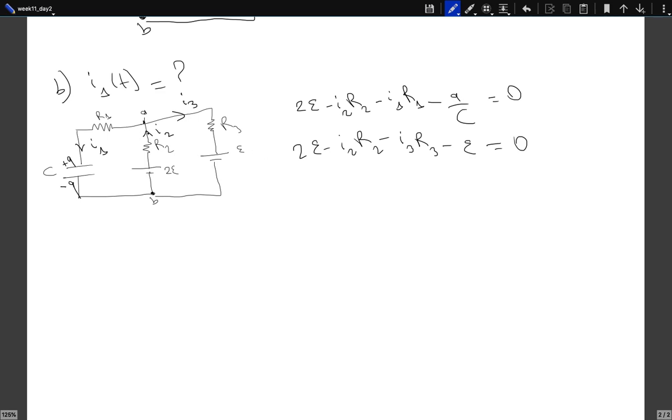What else do we have? At the point A, what does the junction rule tell us about I1, I2, and I3? How are they related? The ingoing current is I2, so the I2 current carries charges to the point A. I1 and I3 move it away. So I1 plus I3 should be equal to I2. And finally, how can we relate I1 to Q?